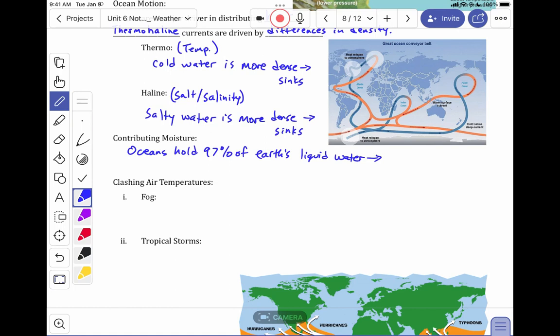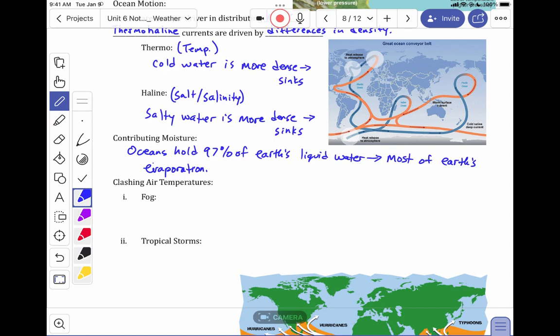And because most of the water's there, you're going to get most of the evaporation as well. So most of Earth's evaporation. So most of what we get in rain and snow around the world comes from water that's evaporated out of the ocean.